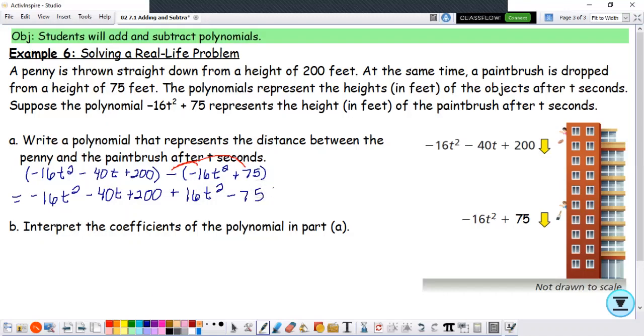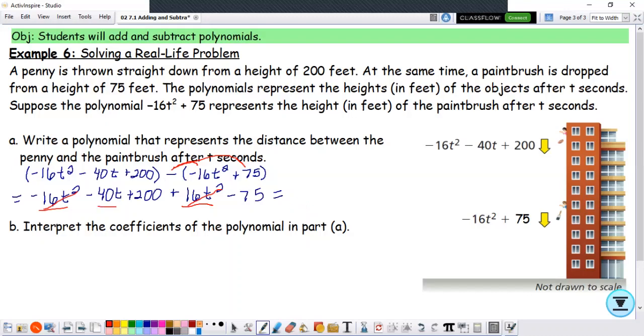And now let's simplify. Let's combine our like terms. Negative 16t squared plus 16t squared. Those are opposite values. They will cancel out. So we don't have to worry about a quadratic in our polynomial if we're going to use it to evaluate, since we're not familiar with the quadratics just yet.